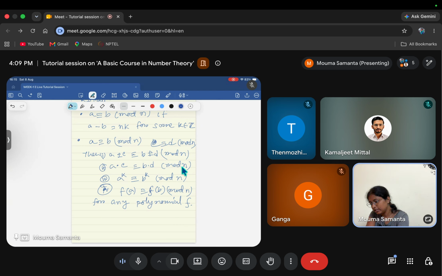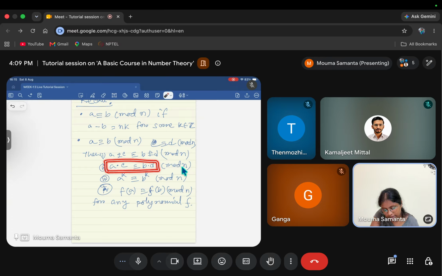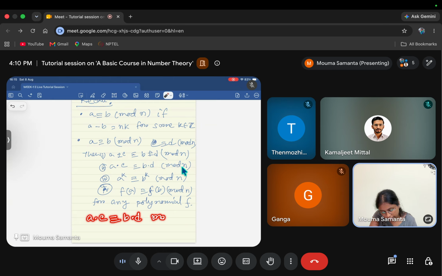So let's try some similar kind of theorem. In the second relation, it is saying that a dot c is congruent to b dot d mod n, right? Here take c equals d.